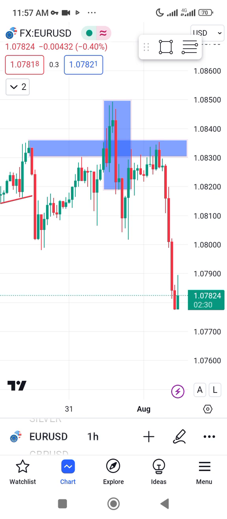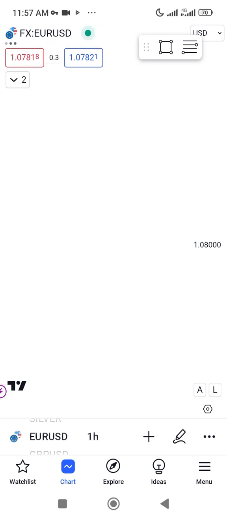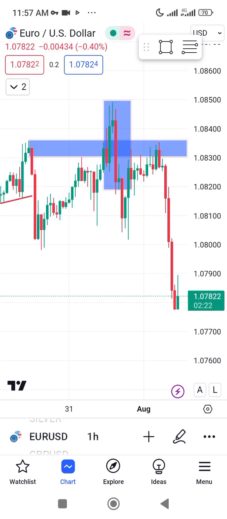Okay, so looking at this pattern now, you can see that it formed around our zone that got invalidated. So we have more like rally, base, drop. Rally out of our zone, and then base, and then drop, closing back within our zone.